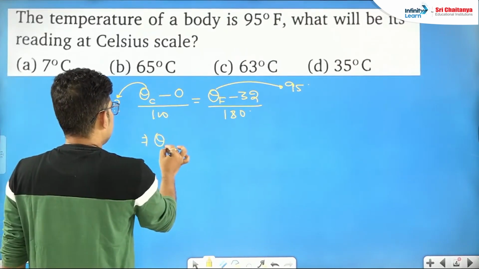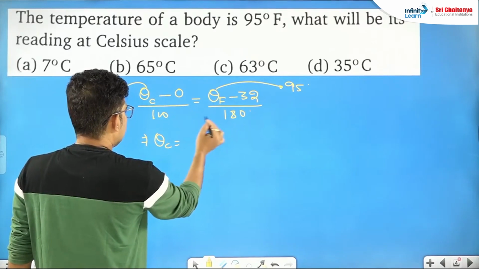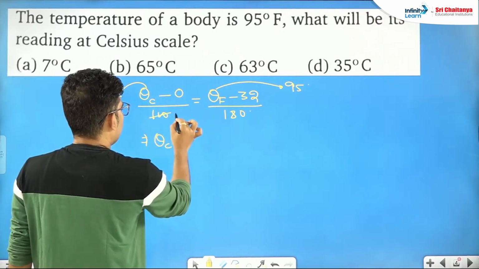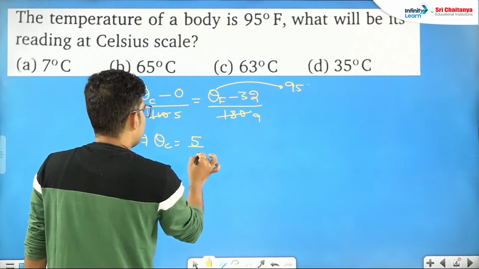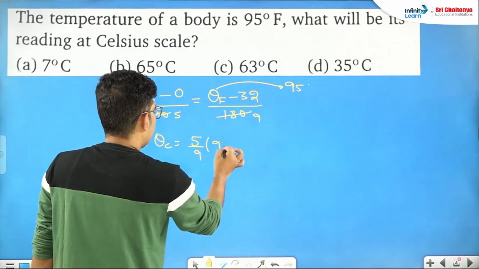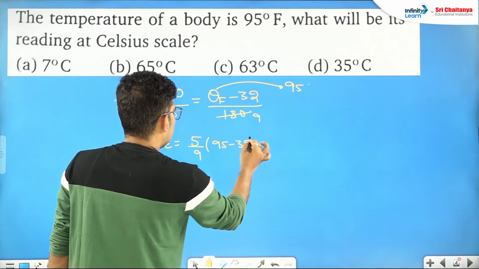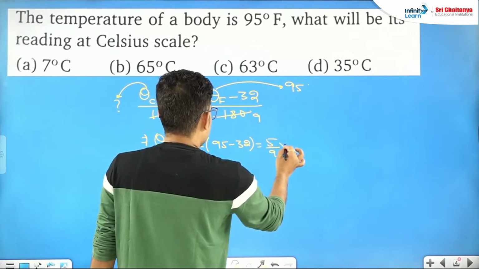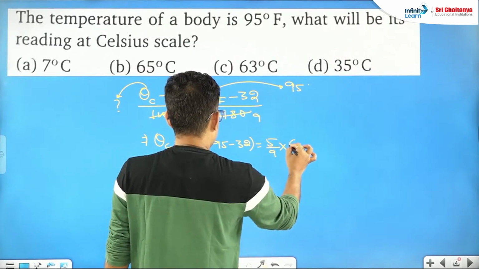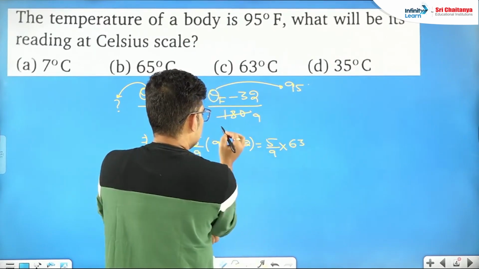So what is theta c from here? 100 by 180, whenever you solve, 25s are 100 and 29, so this will become 5 by 9 times 95 minus 32. That's it. This is 5 by 9 and this is 63.